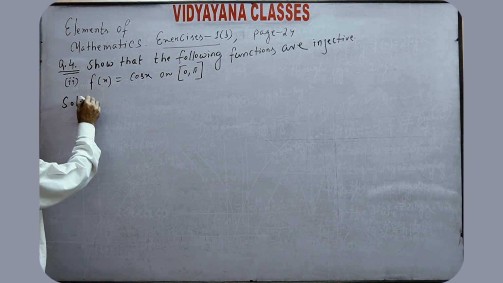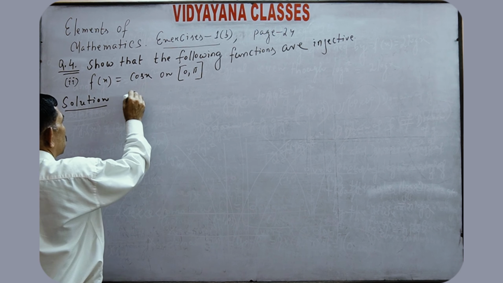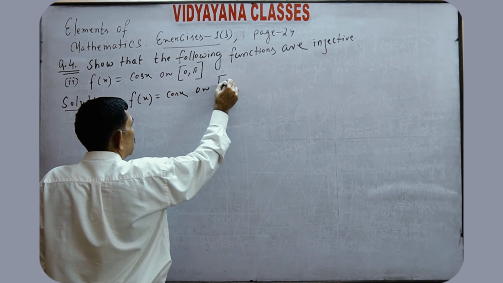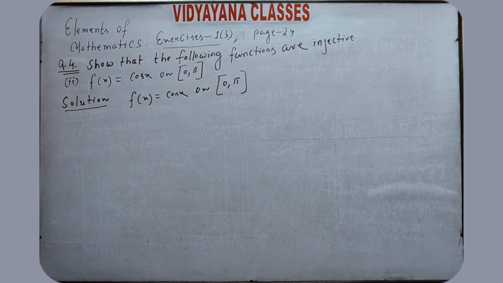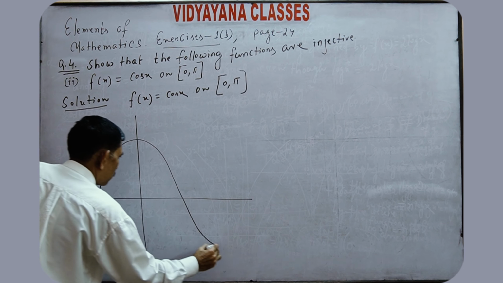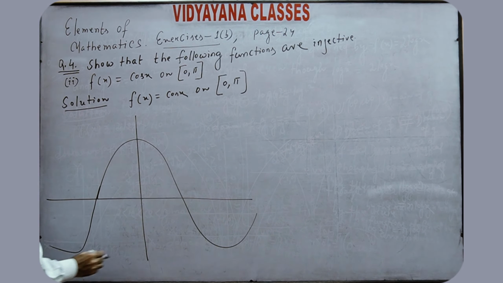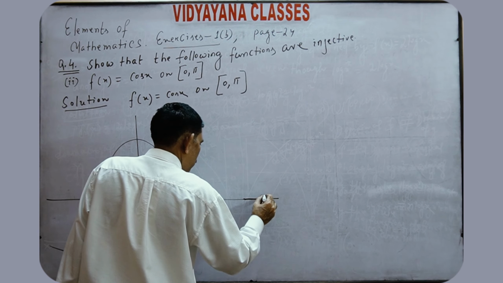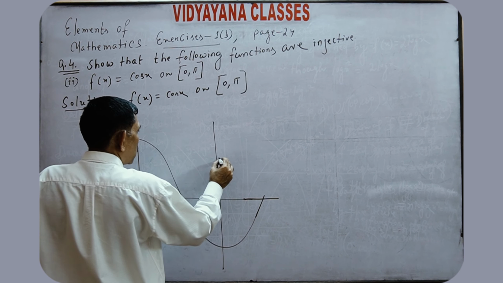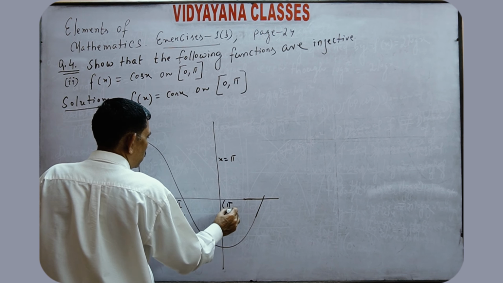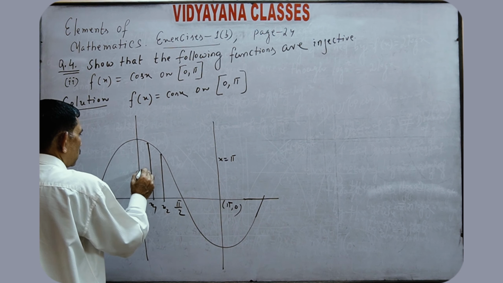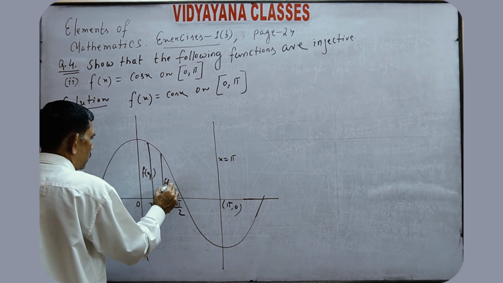Solution. f(x) is equal to cos x on [0, π]. At x equal to π it is (π, −1), and at 0 it is (0, 1).